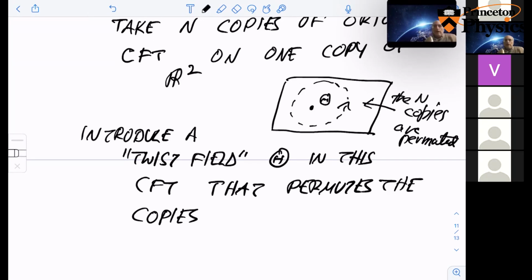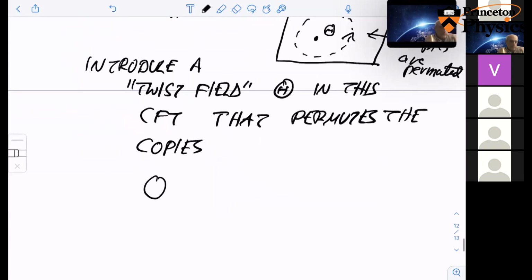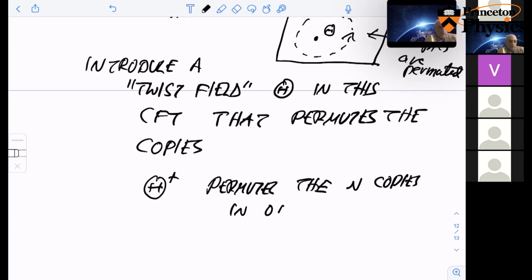So any operator in, for example, the second copy, if it is transported around theta, will come back as an equivalent operator in the third copy, and so on. The adjoint operator, theta dagger, permutes the n copies in the opposite direction.